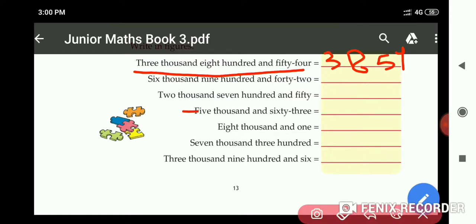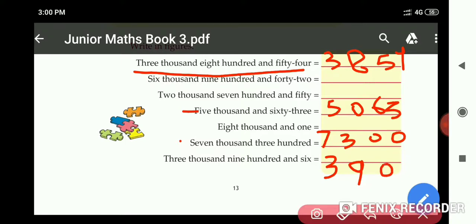Now 5063. 7300. 3906. Like this we can write down the number names in figures.